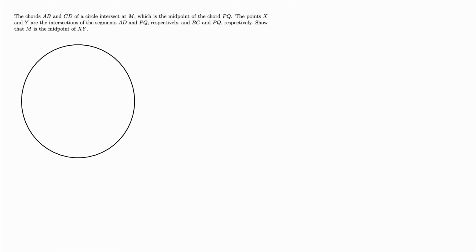But I'm also going to prove it using projective geometry. And projective geometry is actually quite interesting. Using cross ratios to prove this is actually quite interesting. So please watch the video till the end.